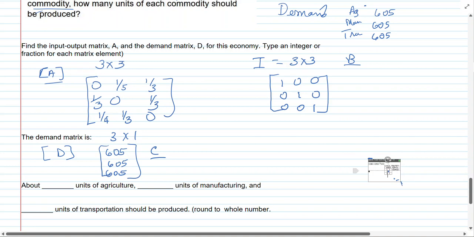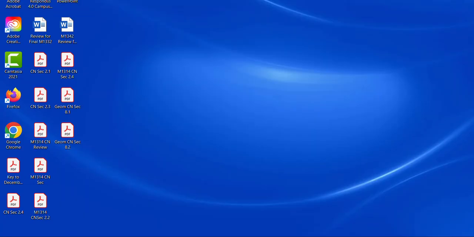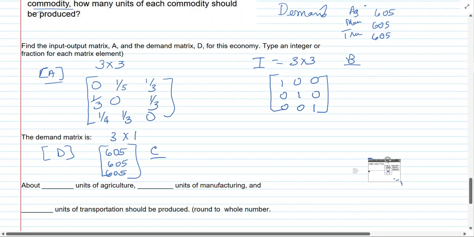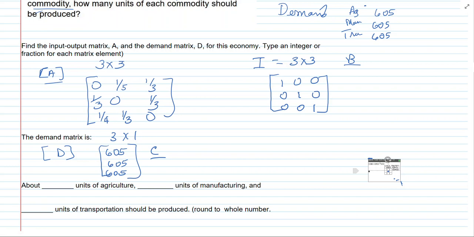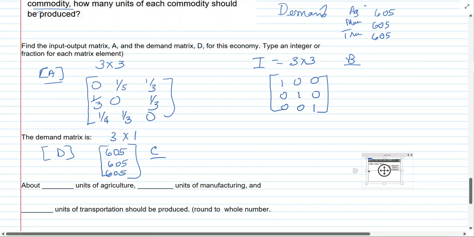Do erase. Hold that thought. I can't read it, so we have to. Try one more time. Be patient with me. There he goes. All right.